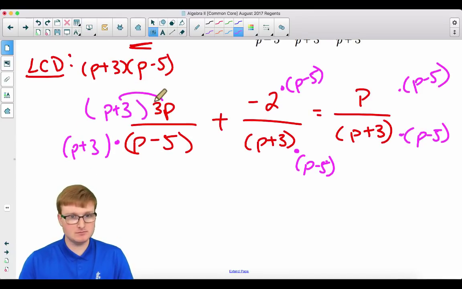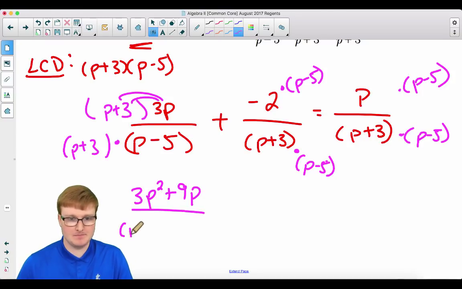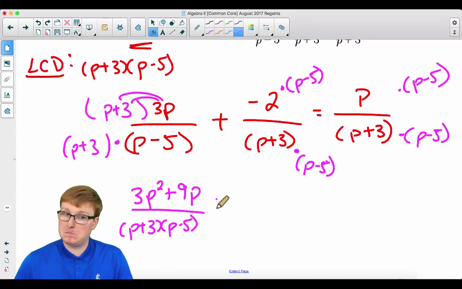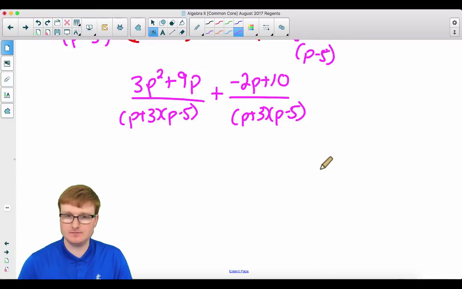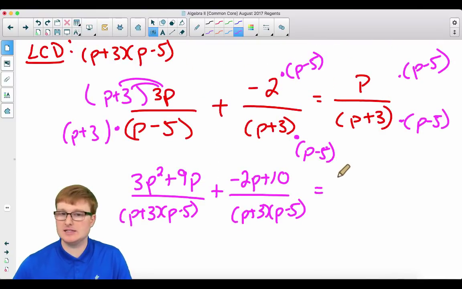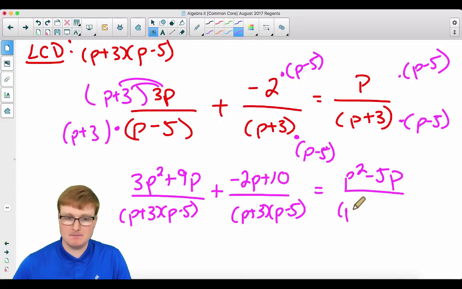Up here, if I just distribute this, we get 3p squared plus 9p divided by p plus 3, p minus 5, plus a negative 2p plus 10 divided by p plus 3, p minus 5, equals p squared minus 5p divided by p plus 3, p minus 5.